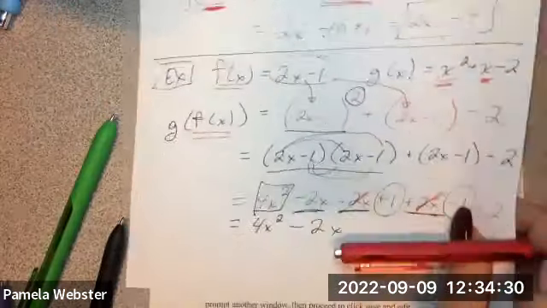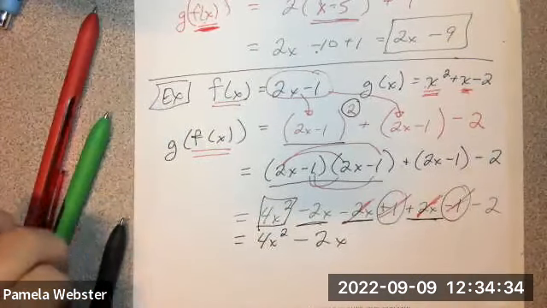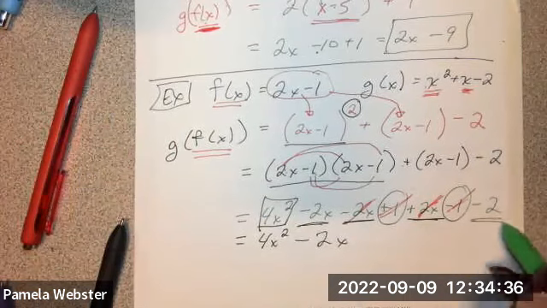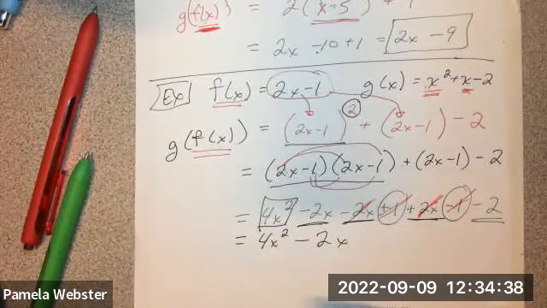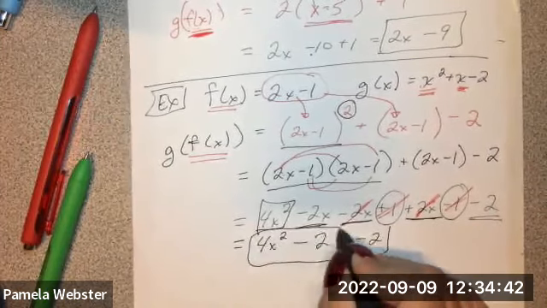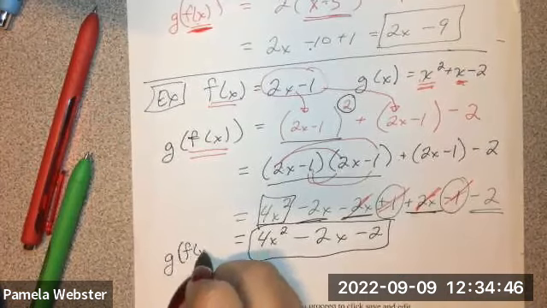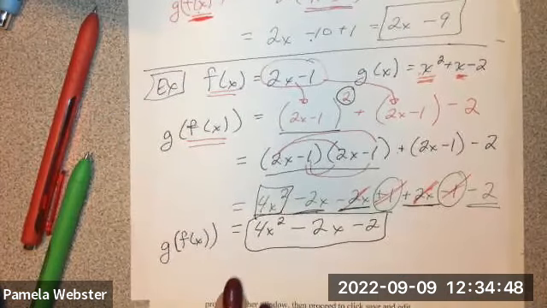Those are opposites, so those are going to go away. And what's left over is this -2 that's sitting out here at the back, right? So -2. If you wanted to, I see that there's a 2 in each of those terms. You could, of course, factor that out, but I'm not going to. I'm just going to do it just like that.